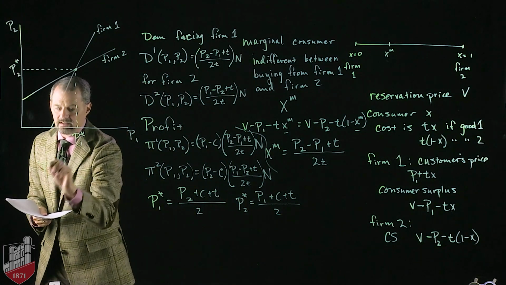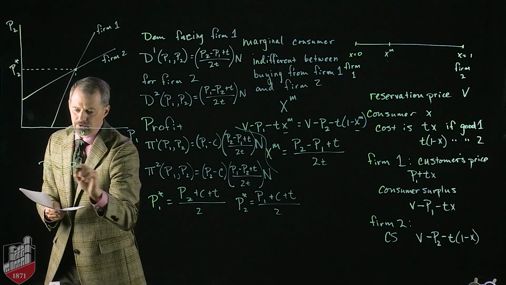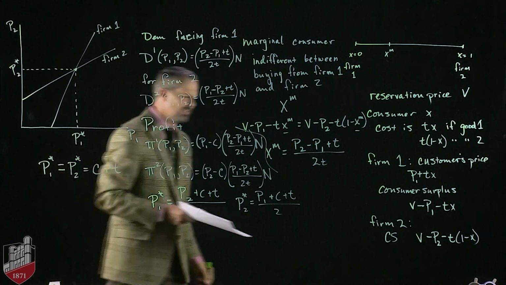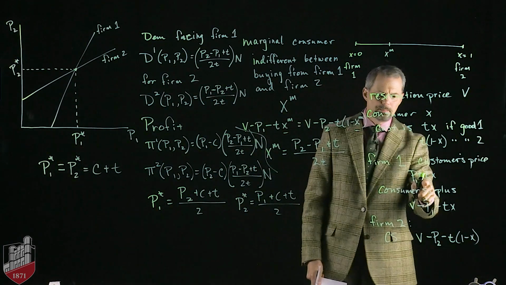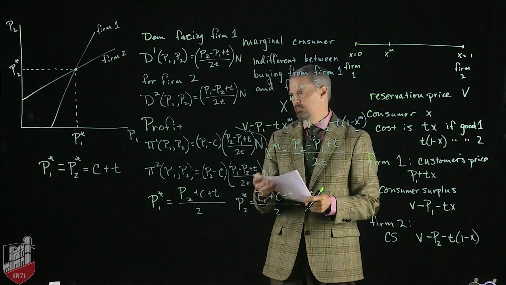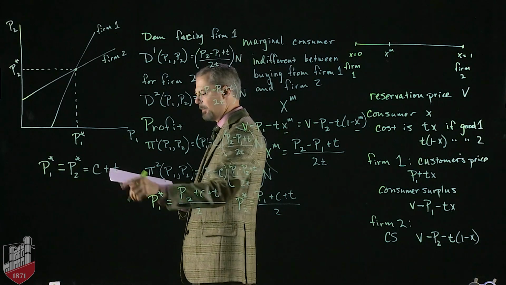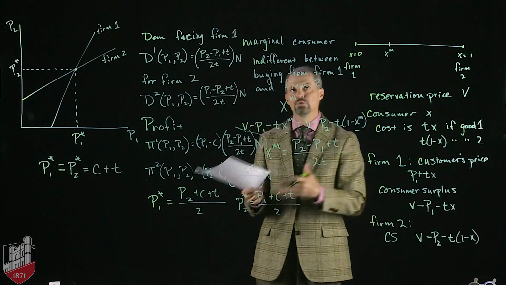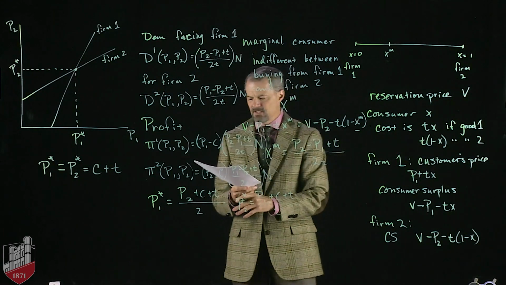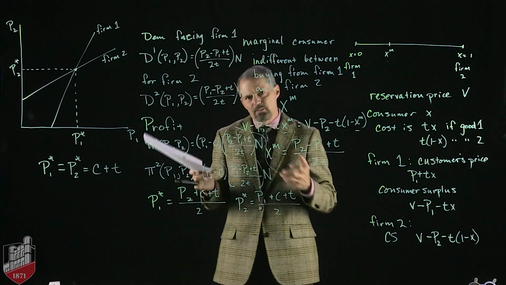The optimal price, P1 star, is equal to P2 star, which is equal to C plus T. It's equal to the marginal cost plus the disutility cost, or the travel cost. So each firm charges a price equal to the unit production cost plus an amount T, which is the disutility cost per unit of distance that the consumer incurs because they're buying a good that is some distance from their most preferred good.